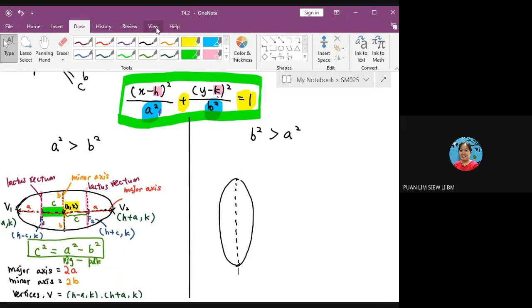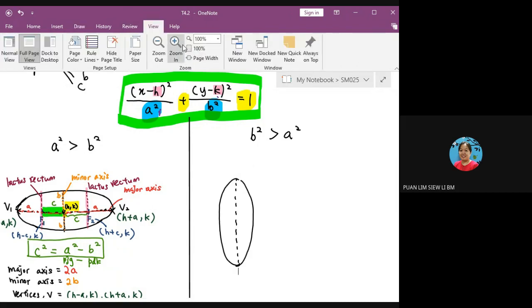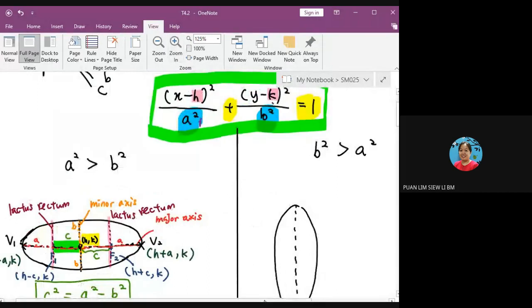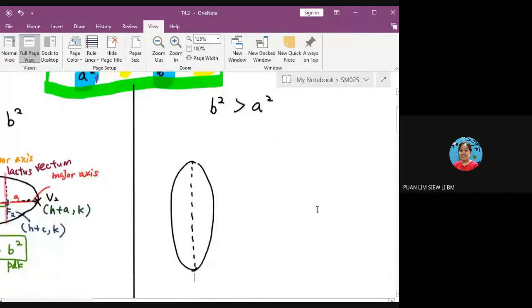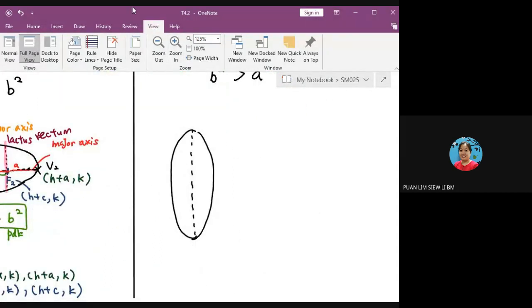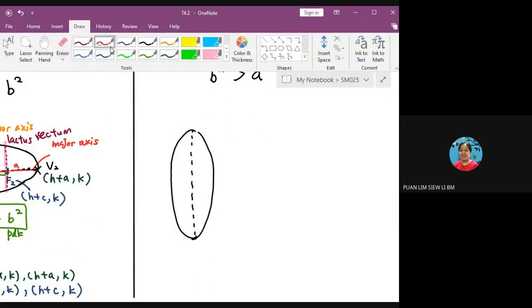Okay, what do we have? So what do we have? Just like this, just like before, I will have this is my major axis, and then this will be my minor axis.